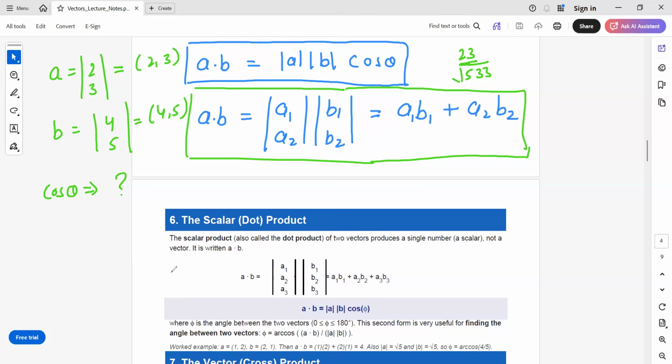Now everyone please try and give your answer, whatever you are getting. If you are not comfortable speaking your answer, please share it in the chat box.